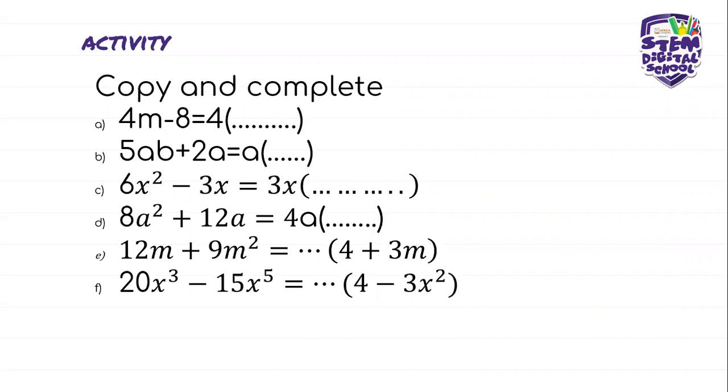Once you take out 3x as a common factor, the remainder will be 2x minus 1. Yes, I fully agree. Tando Ngubani has got the correct answer. And the learner whose name is not disclosed also found that the correct answer is 3x into 2x minus 1. Now we are proceeding to the next level.